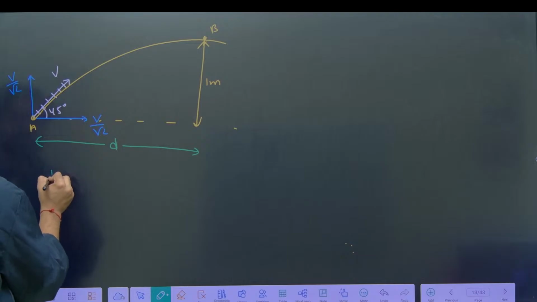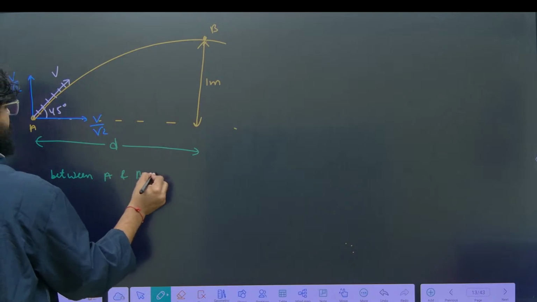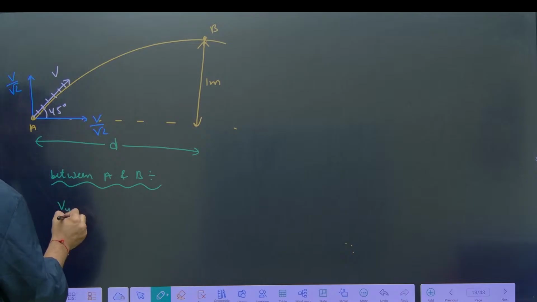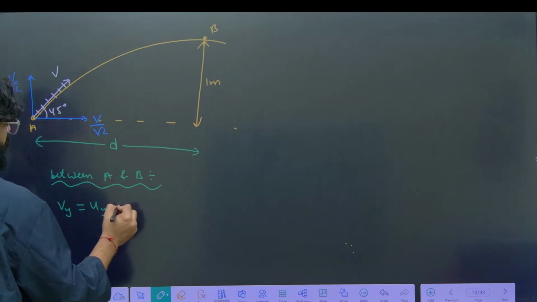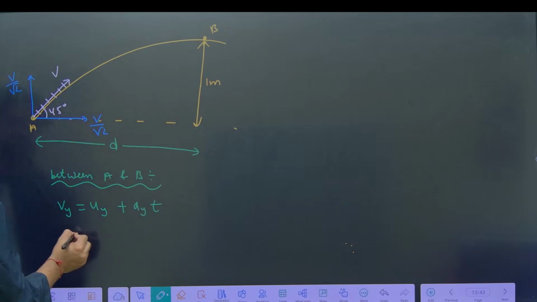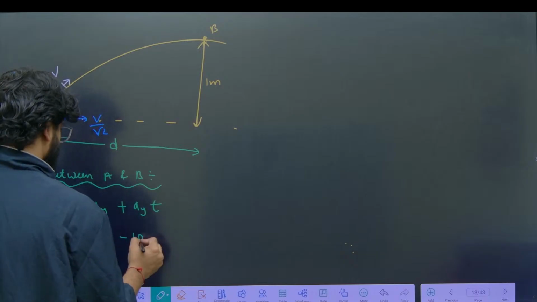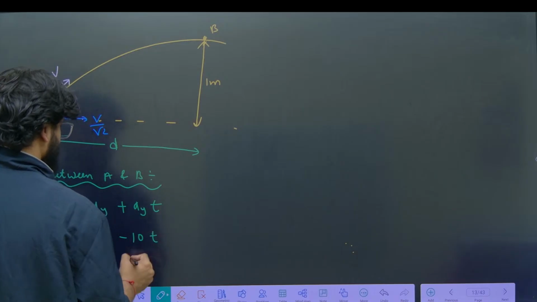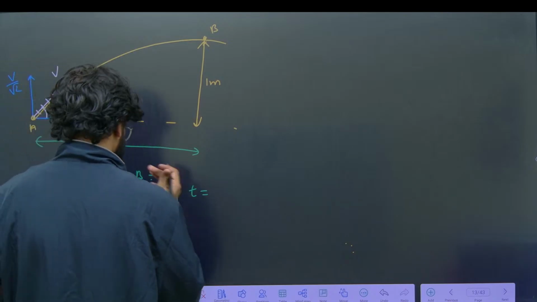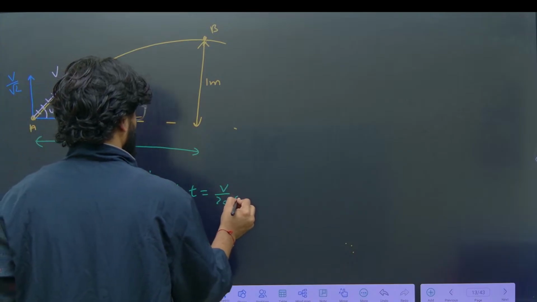So between A and B, we can write Vy equals Uy plus ay into T. Final velocity becoming 0, that is v by root 2 minus 10 into T. Okay, so from here T is coming out as V upon 20 root 2.